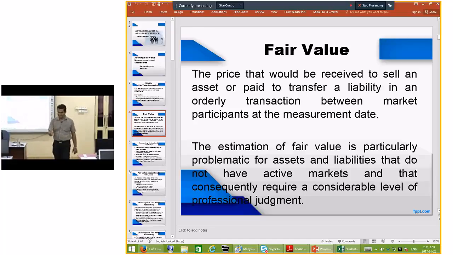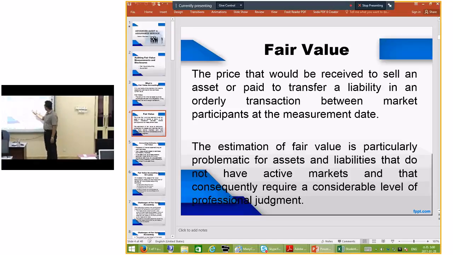It's an arm's length transaction. Both parties are willing and knowledgeable. All embedded in that word orderly transaction. Measurement date means the transaction date, right?